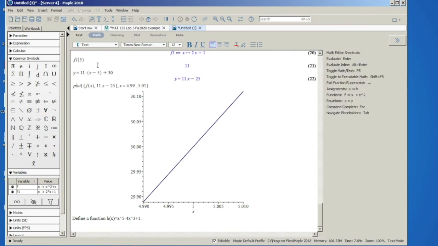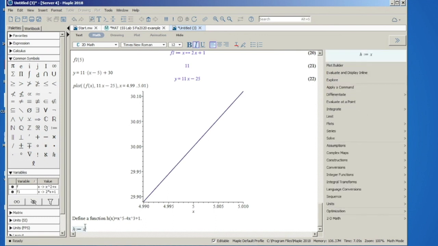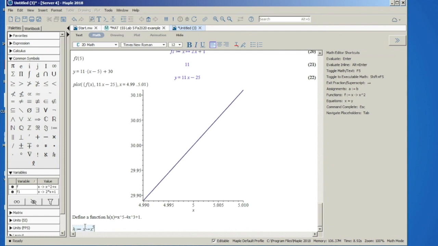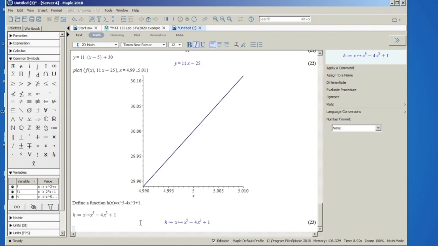Make sure that you are in math mode. I am right now not in math mode. Now I am. So I have h equals x to the fifth minus 4x cubed plus 1. So I've defined the function h.